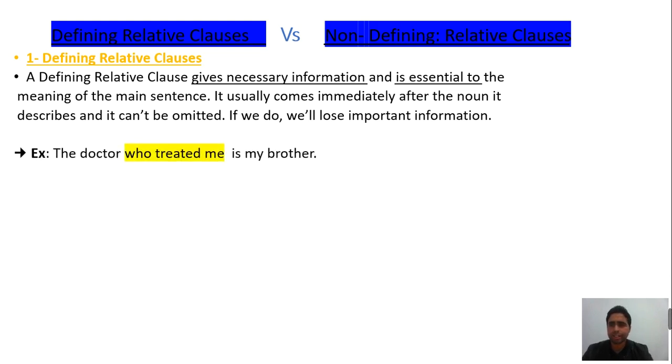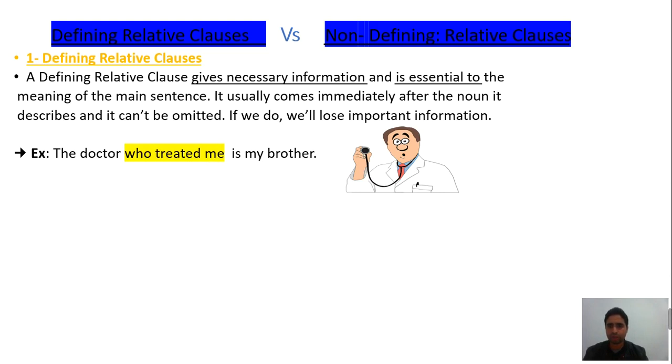So let's look at this example. The doctor who treated me is my brother. Now, so here, who treated me? This is the relative clause. And this relative clause is defining because it gives us necessary information about the doctor. So who refers back to the doctor, and if we omit or cross out this relative clause, we won't have a clear meaning.